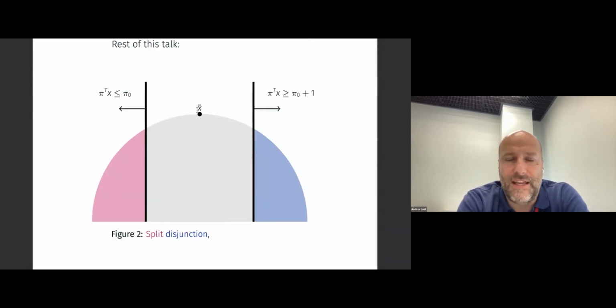Because if x is a vector of integer variables and pi is integer, then the combination of the two must be integer, so it must be either less or equal than pi 0, which is again an integer, or greater or equal than pi 0 plus 1.